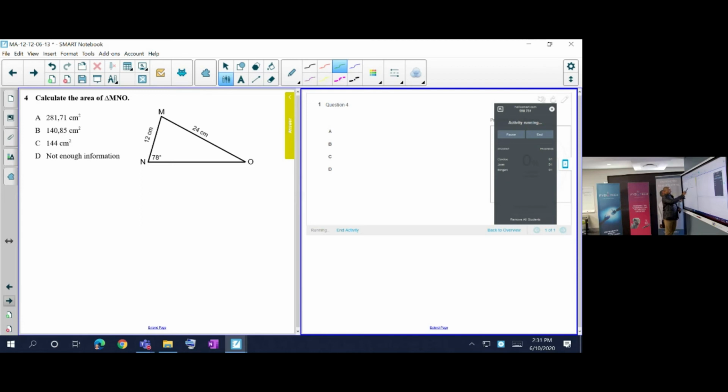And also we don't have some of the angles, but we have a 78 in the diagram. So again, I give you a minute to have a look at this question.